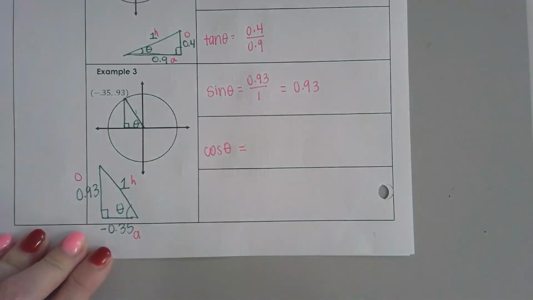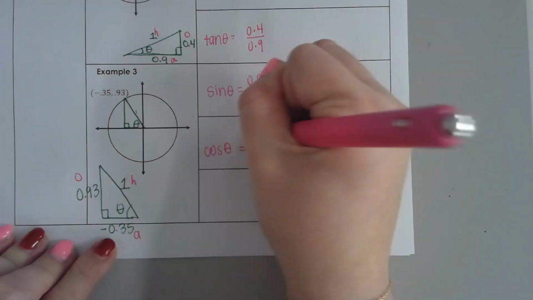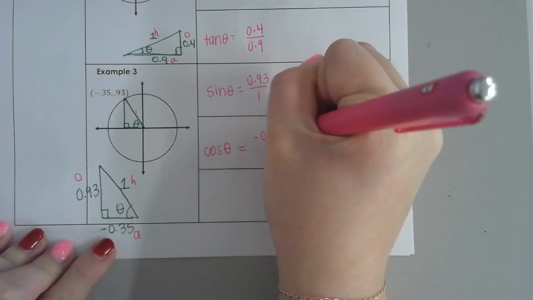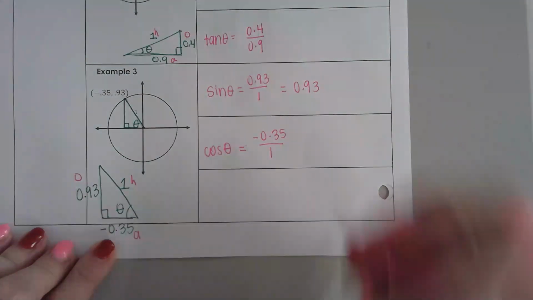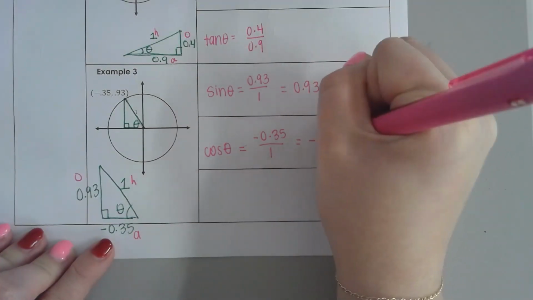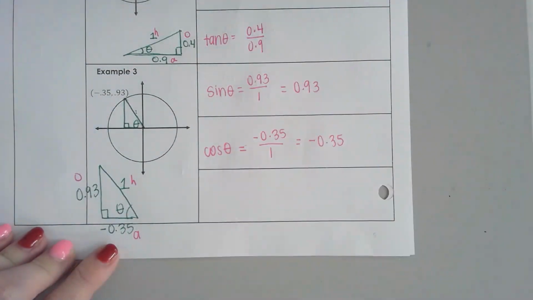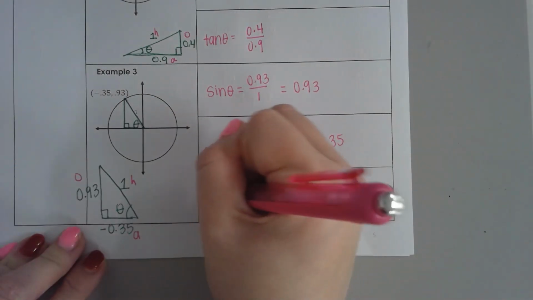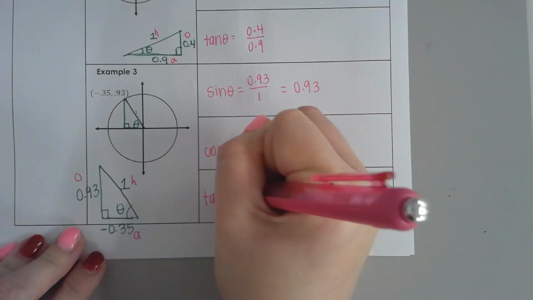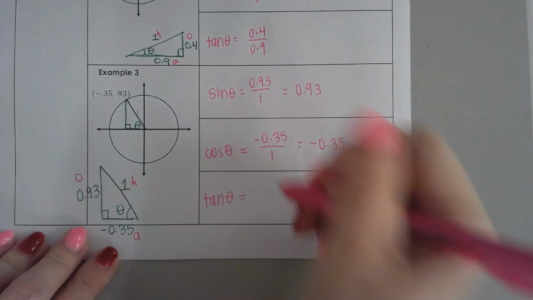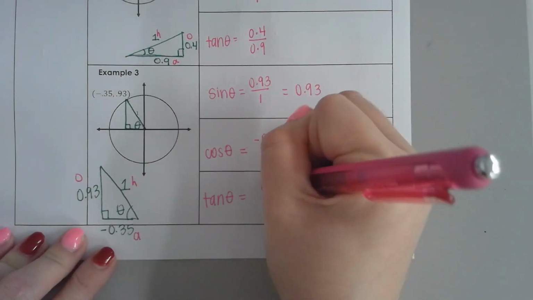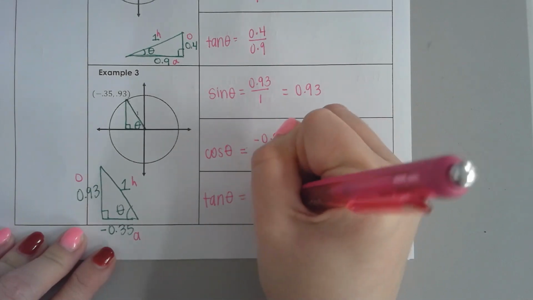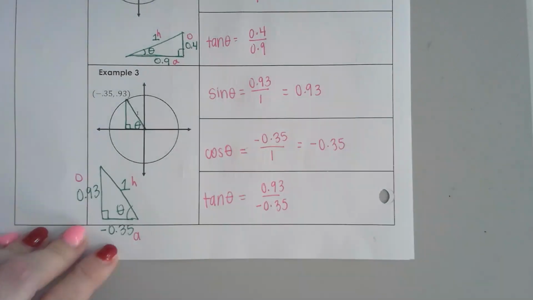Cosine is A over H, negative 0.35 over 1, which is negative 0.35. And tangent of theta is O over A, which is that.